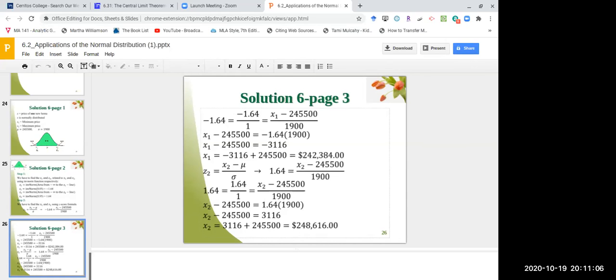So we have those numbers here for you, okay? I wanted to make you aware of that. So that's kind of how we're going to use z-scores to work on our applications.